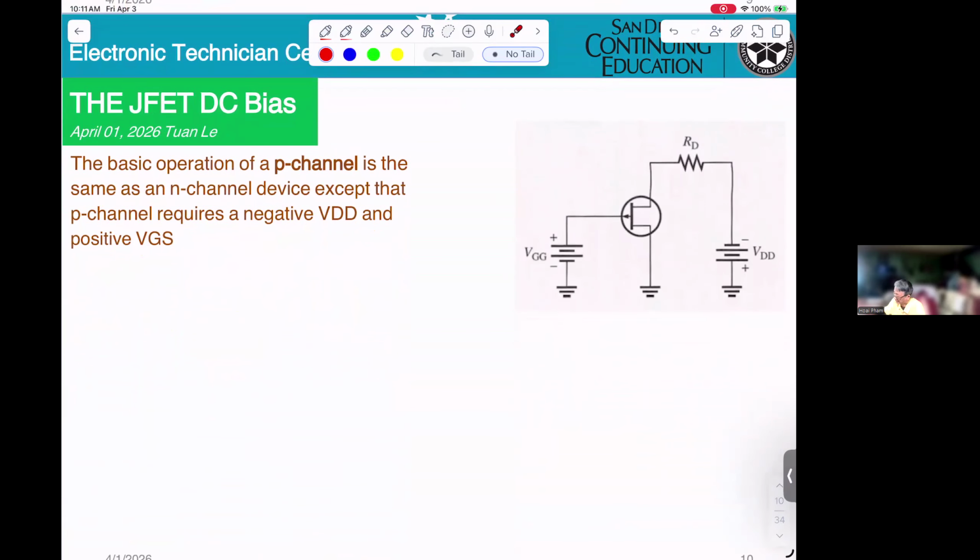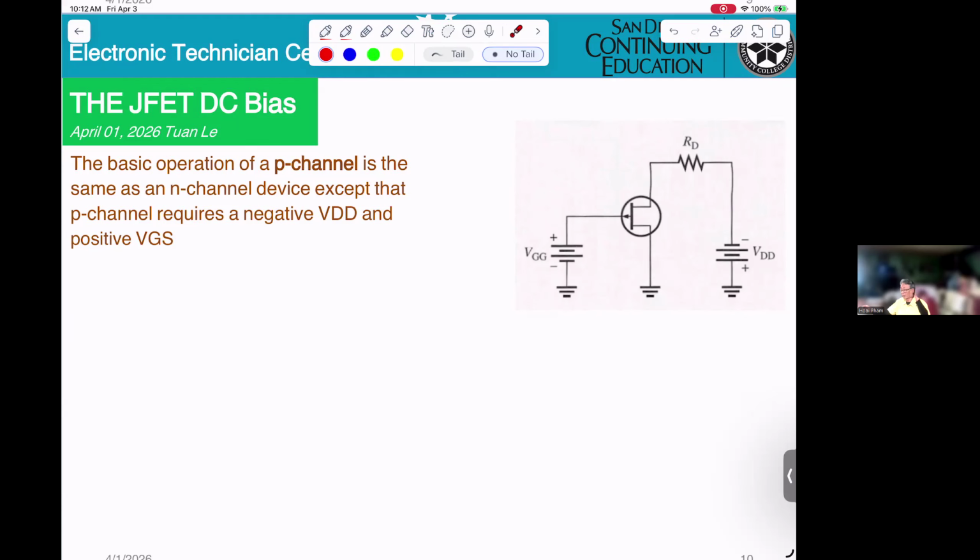Now, the basic operation of a P-channel is the same as an N-channel device, except that a P-channel requires a negative VDD and a positive VGS.